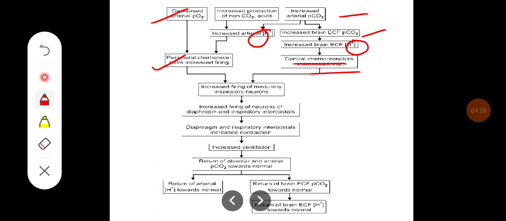Both help in the firing of medullary inspiratory neurons that increases the firing of the neurons of diaphragm and intercostal muscles that increases the contraction. There will be increase in the ventilation and that causes return of alveolar and arterial PCO2 towards the normal. So that means it balances the H plus ions and it is going to wash out the carbon dioxide and brings back the H plus ions back to the normal.